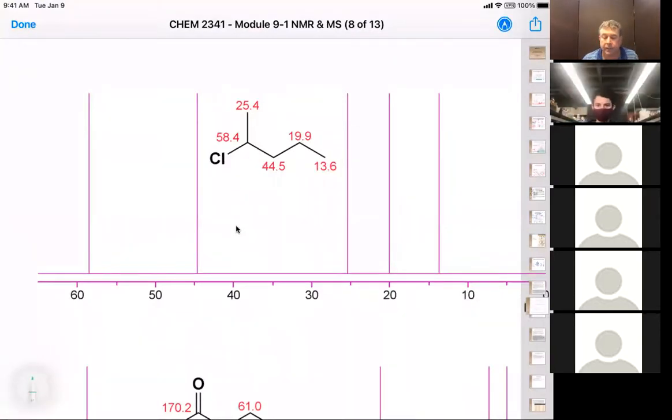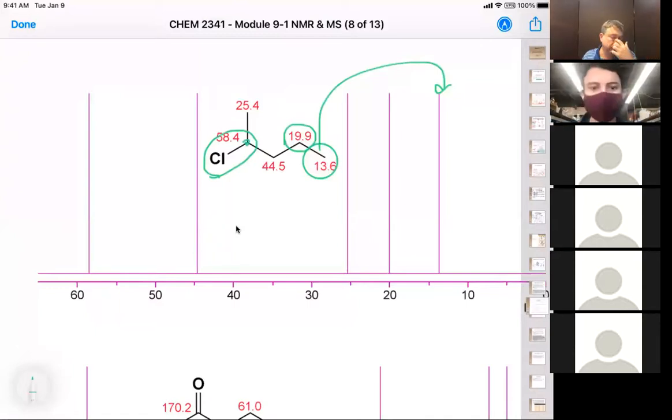Okay, so based on that, just looking at it without knowing anything else, this one is most like methane, so that's going to be the furthest one up here. Then we have the one next to it here, but now we have this carbon attached directly to the chlorine. That's our biggest electronegative atom, so we expect to see that furthest downfield. Then the next two: which one's going to be which?